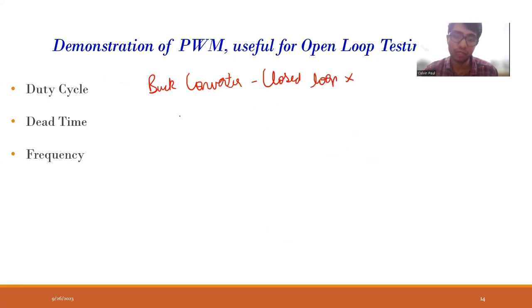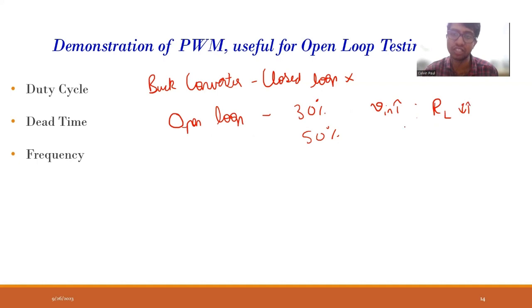You must do open loop first. You must check at 30% duty ratio how much I'm getting, at 50% duty ratio how much I'm getting. You must vary the input voltage, and you must change the load connected, increase it, and so on. So you have to test it.